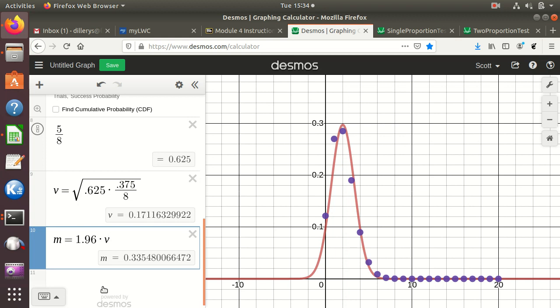And so our margin of error is 0.3355. So this is 0.625 plus or minus, and actually I guess I'll just go with 0.335.